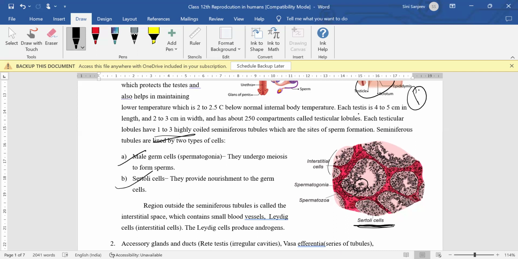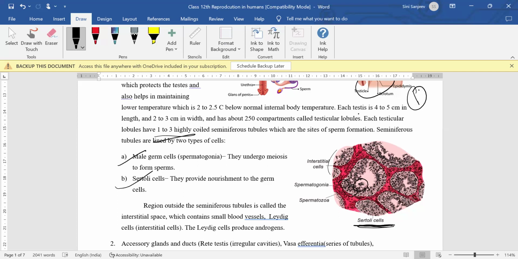Now obviously, if the cell has to grow and become a sperm, it needs some kind of nourishment or nutrition, right? Those things are being provided by the Sertoli cells.